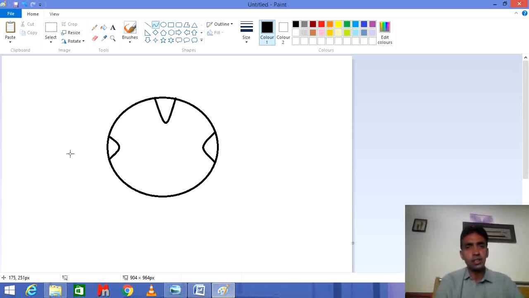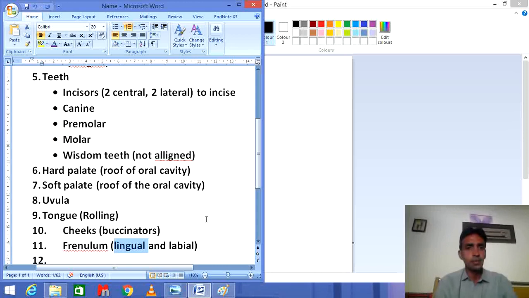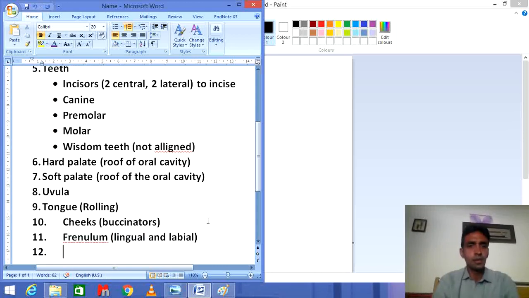These are called tonsils. Tonsils are present on the border of the oral cavity. The major portion of the tonsil is present inside the pharynx, but a smaller portion is present inside the oral cavity. This makes the lateral border of the oral cavity. These are called the tonsils.